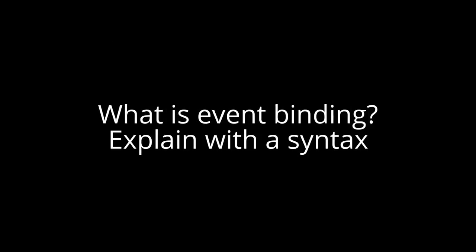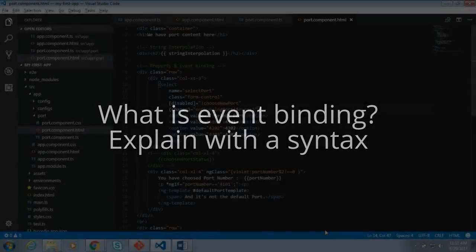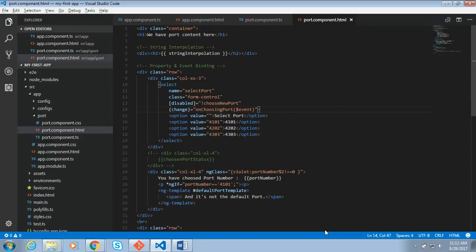What is event binding? Explain with the syntax. Event binding is binding a value to an event of a DOM element. In this case, we will add an event to this select element, that is on change of the select we will trigger a function, in this a method.